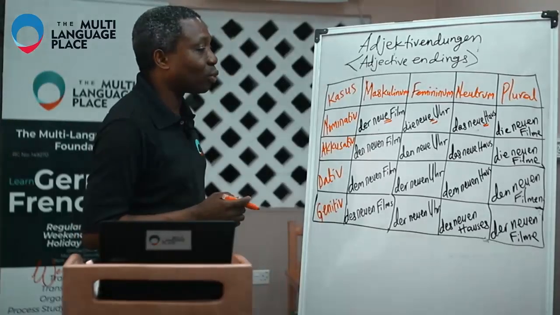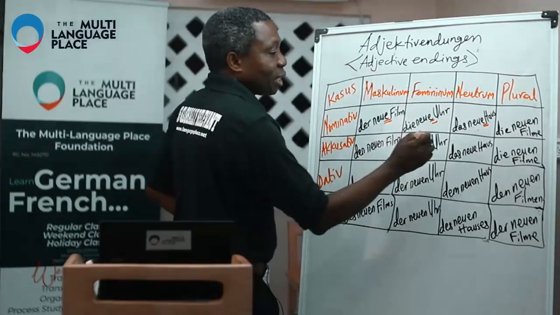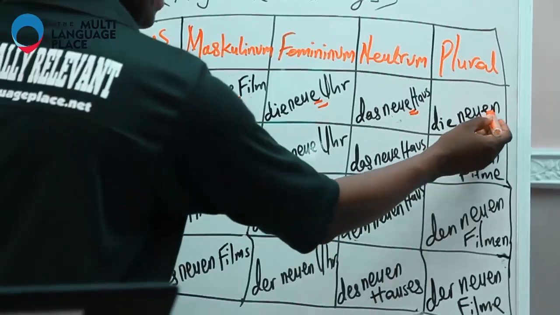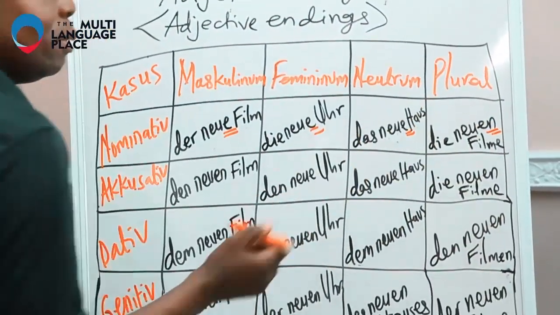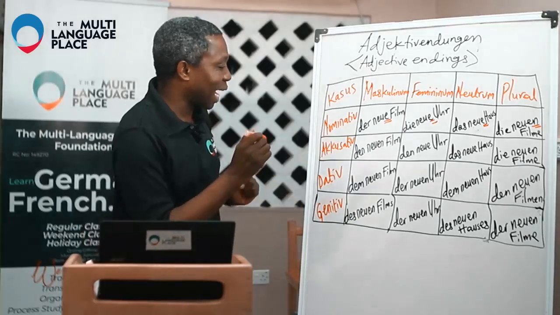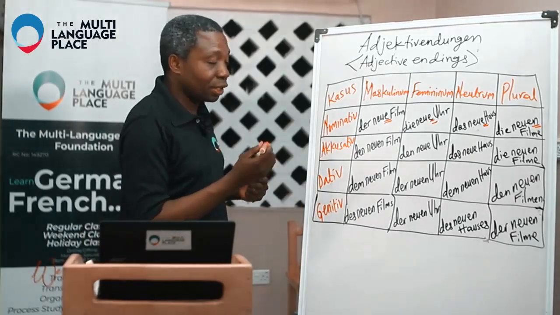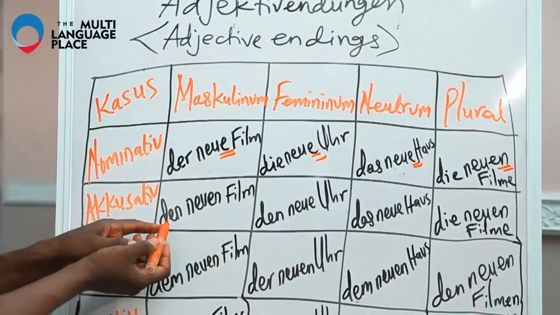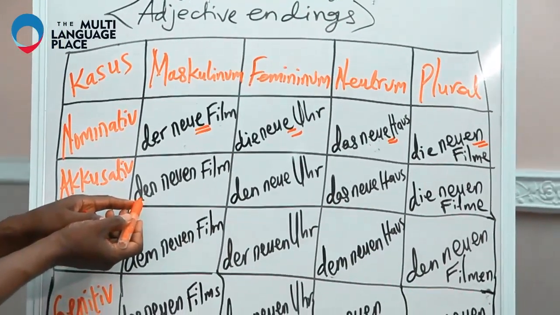But when it comes to the plural, then you see a little difference. So we have die Filme, and then we have die neuen Filme. So let's go to the accusative case. We have den. Of course, you remember the declension of the article.